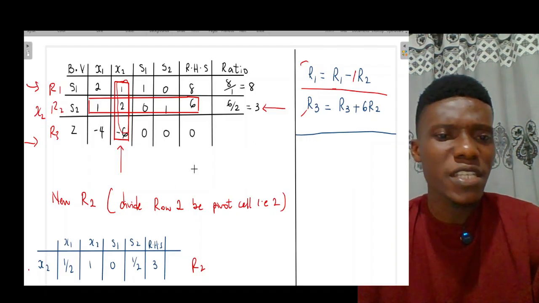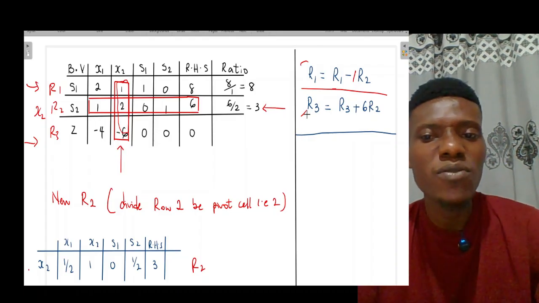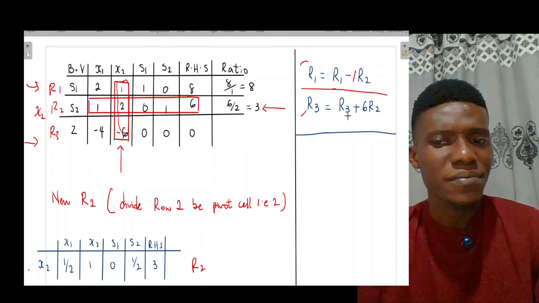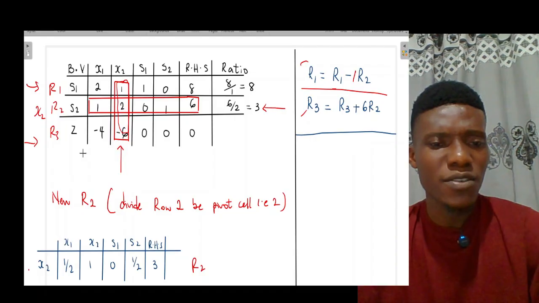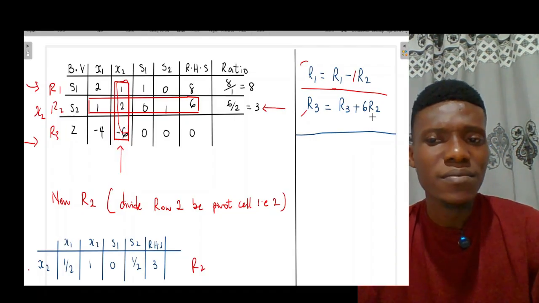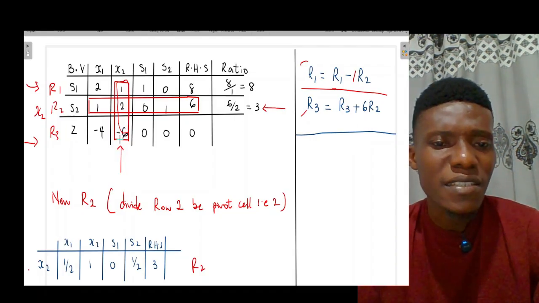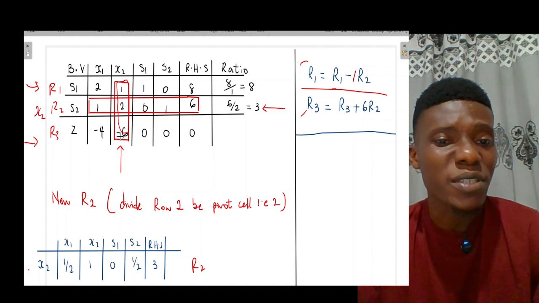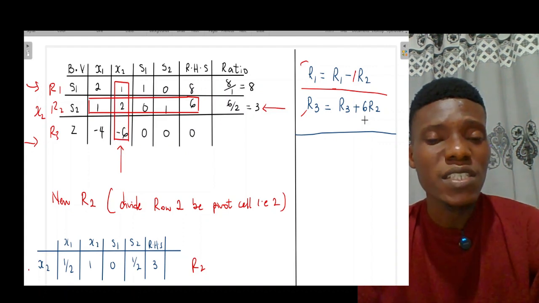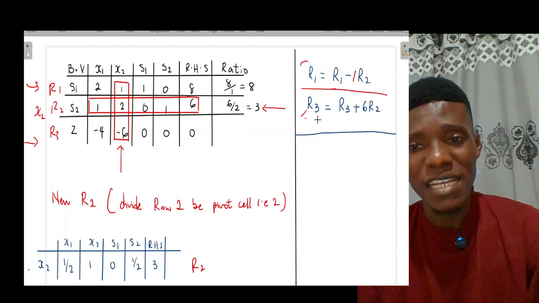Then you go to R3 again to get the new R3 now. New R3 will be R3 plus, that is the whole R3 now, plus this 6. Why are we using 6 plus 6? Because it is a negative number. So that is plus 6 row 2. That's how we generate this.